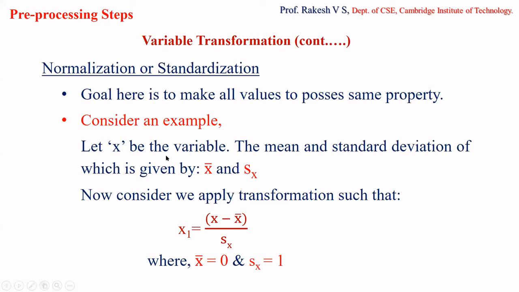Obviously, depending upon the values we have in x, the mean and standard deviation vary, correct? So what we are going to do is perform a transformation, and that transformation is something like this: x1 is equal to x minus x bar, where x bar is the mean, divided by the standard deviation.